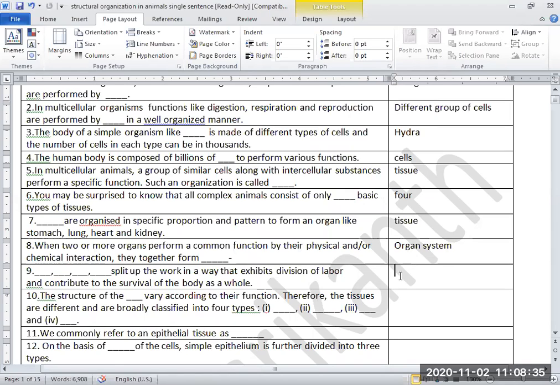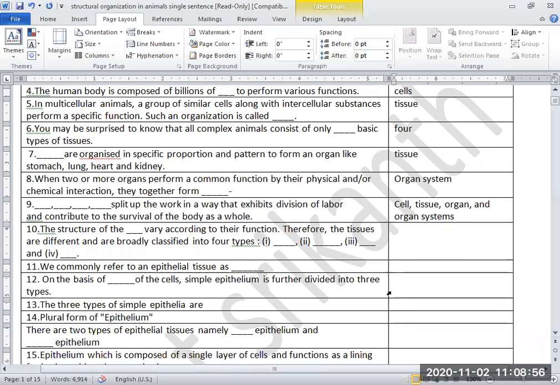At what level will we have the division of labor? At cell level, tissue level, or organ level? Organ system. We have division of labor at cell level, tissue level, organ level, and organ system level.